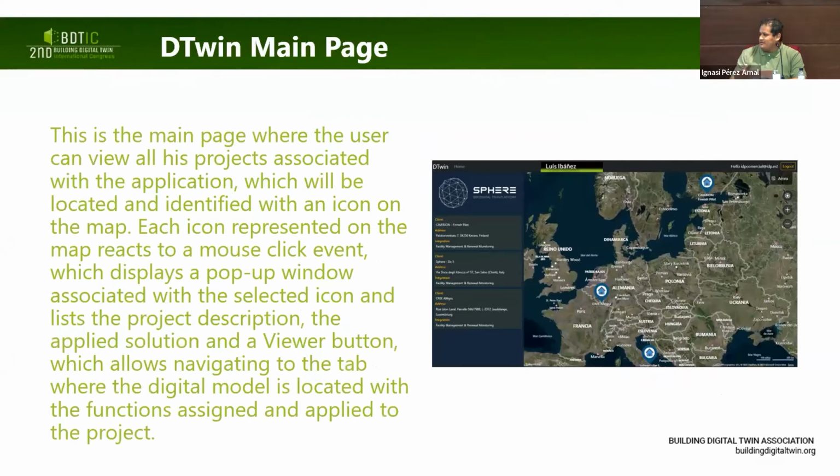The application contains one main page. You can see we have one map where all the possible projects are located. Every project is related to one digital twin model.